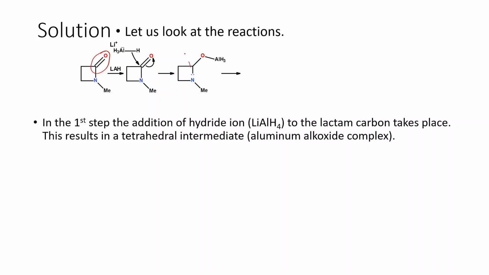So here we have a hydrogen atom that is transferred from this particular lithium aluminum hydride, and we end up with an aluminum alkoxide complex. The oxygen aluminum bond is formed after the transfer, because when the hydride ion adds here, the oxygen will get the negative charge, and this aluminum will now form a bond with this oxygen to give the aluminum alkoxide complex.